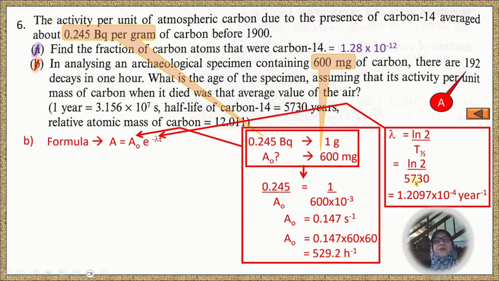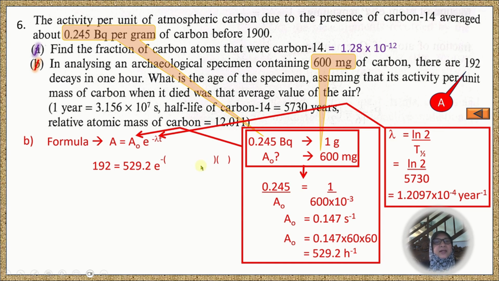So be careful with all the units given. Year here, then hour there. This one is per year. So we substitute into here the activity A given, 192 decays in 1 hour, which is per hour. The initial activity we calculated already is 529.2 per hour.